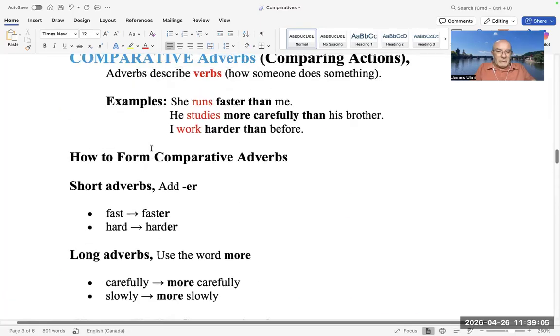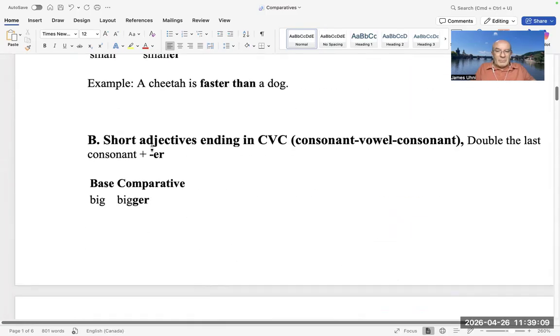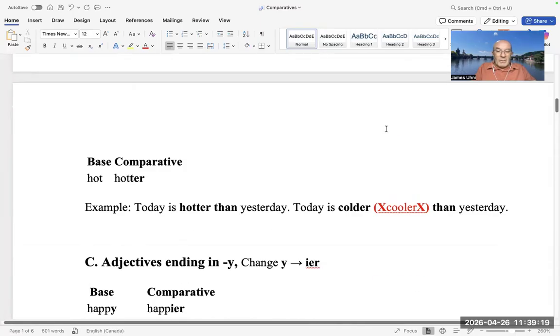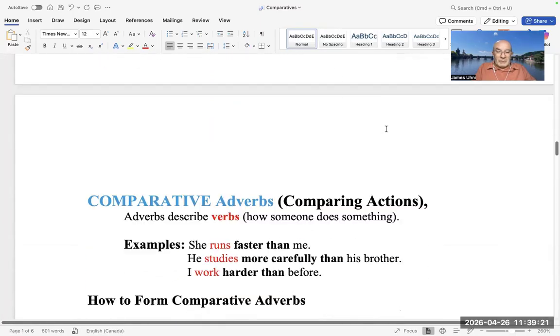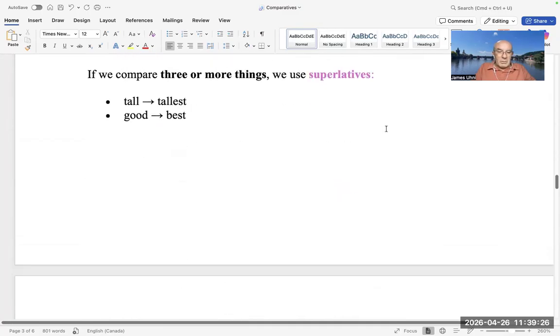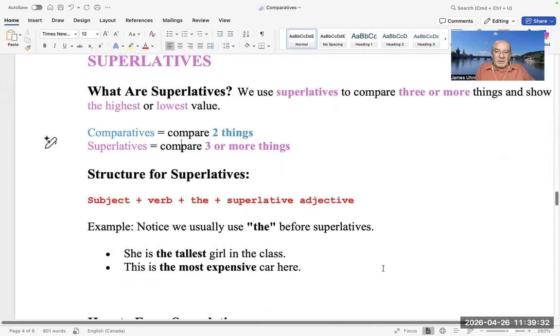When we look at comparatives, the comparative has comparative adjective plus then plus noun. But in superlatives, we end up with superlative adjective. So let's have a look at examples.